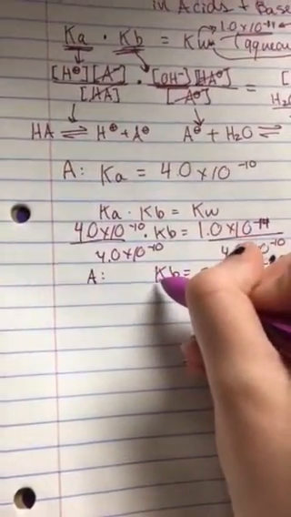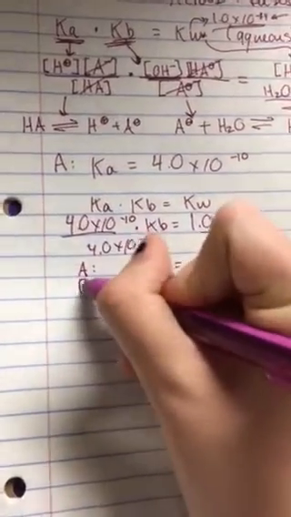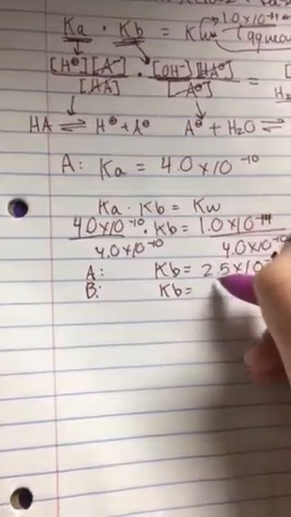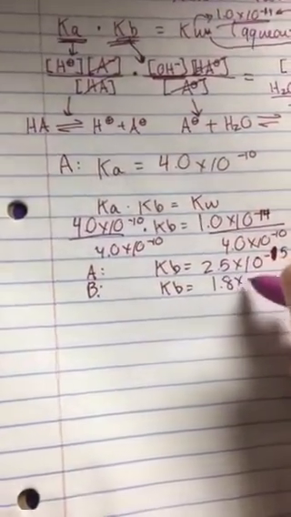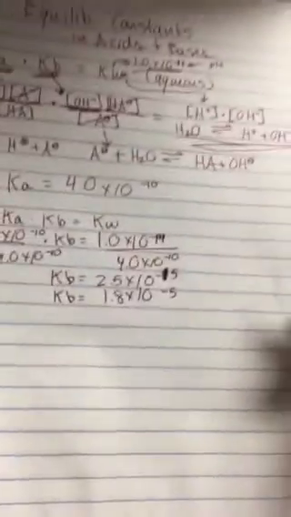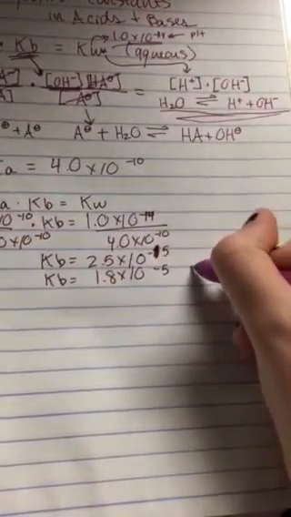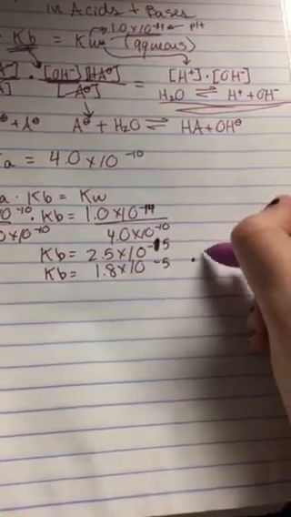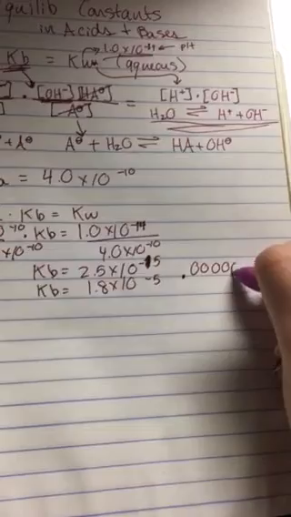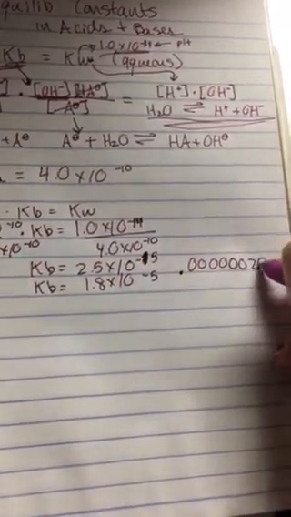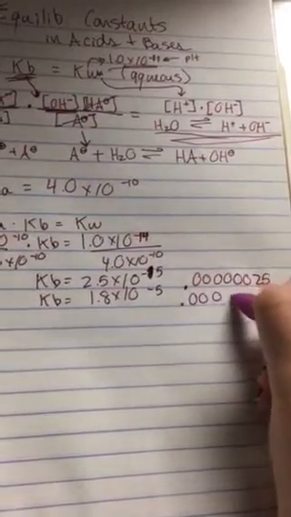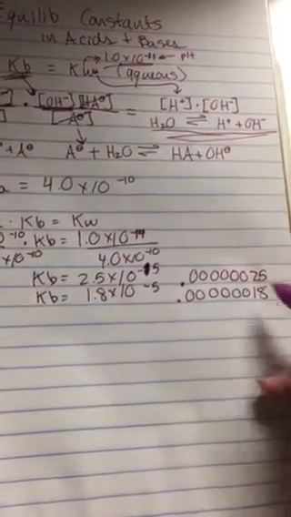B is already in the form of Kb, so its Kb is equal to 1.8 times 10 to the negative 5th, which is a little bit less than this one. If you're having trouble thinking about it, just write it out in non-scientific notation: 0.000025 and 0.000018.